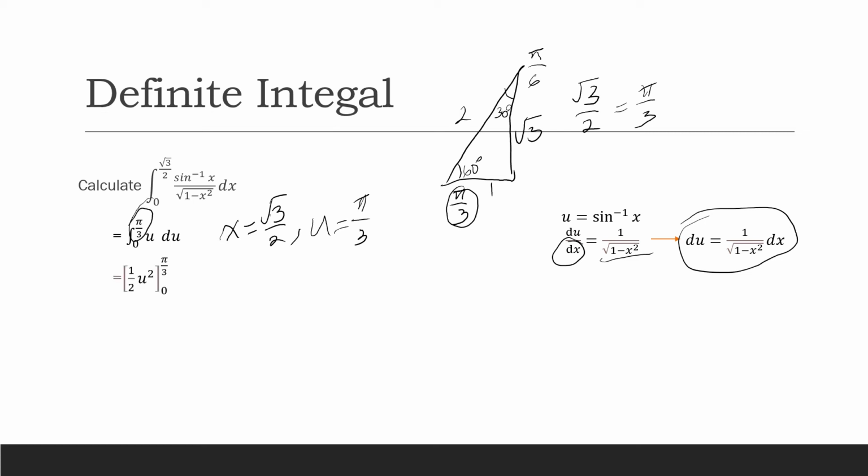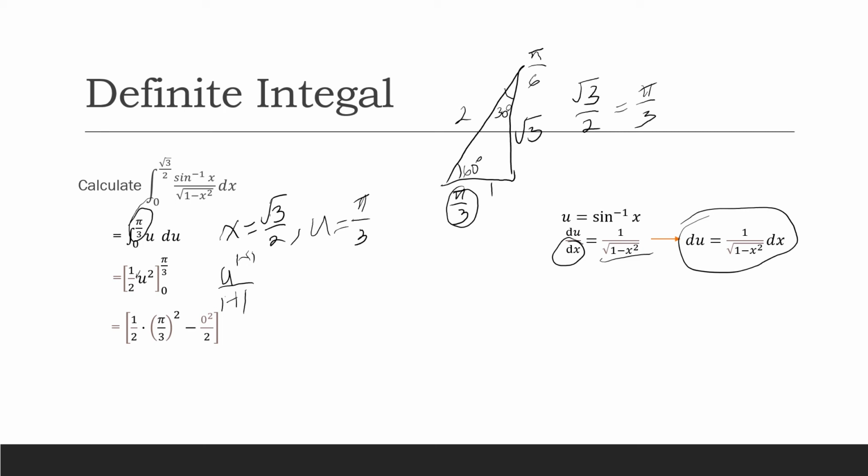After that, we integrate the u, like u to the power of 1 plus 1 over 1 plus 1. So the u is u squared, and then we bring out the 1 over 2 to the outside here. Then we substitute pi over 3 inside the u.